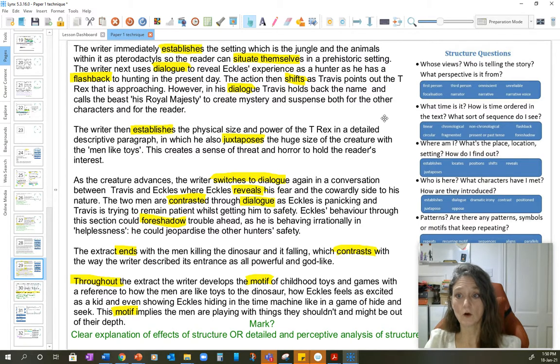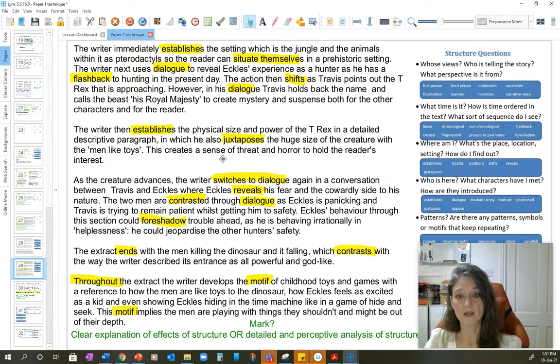So there's a lot going on here, and it's all really clearly explained and developed what the effect is. In this one, again, they establish the physical size and the power of the T-Rex. So again, that's a clear point. And where it talks about juxtaposing the creature compared to the men-like toys, that is a really clear point. It's kind of well spotted there.